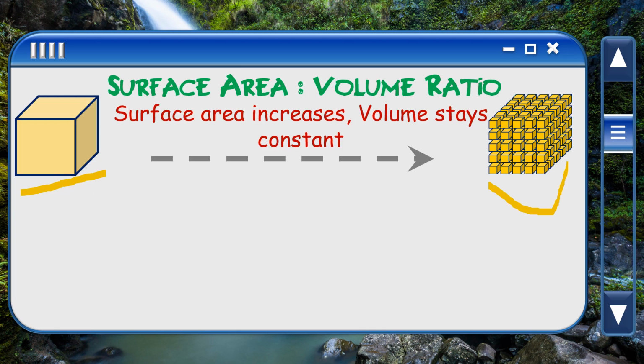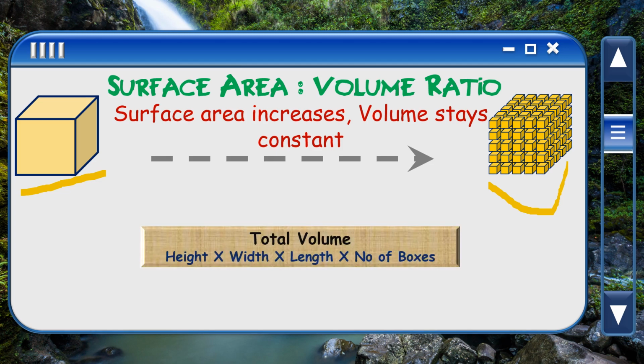If it is one block, the surface area to volume ratio is low. But if we divide all of them into smaller units, then we increase the surface area to volume ratio.